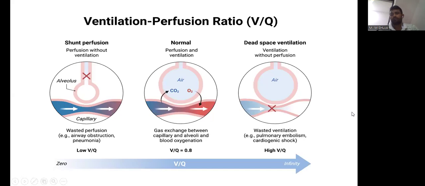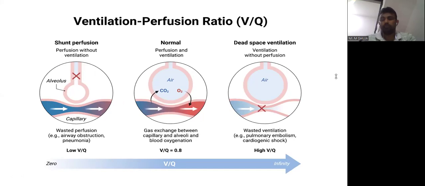Ventilation occurs through the alveoli. Perfusion occurs through the blood vessels. So here ventilation happens, perfusion goes, exchange happens, and the amount of ventilation divided by the amount of perfusion is 0.8.